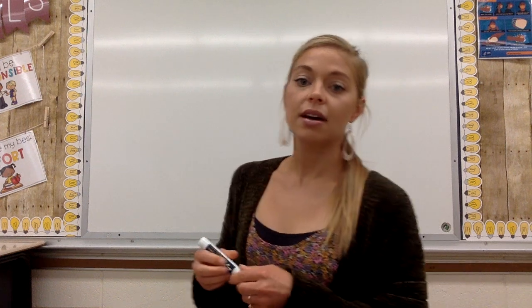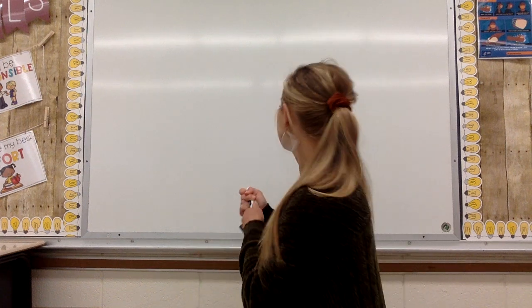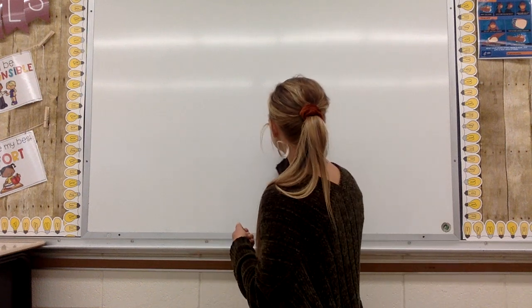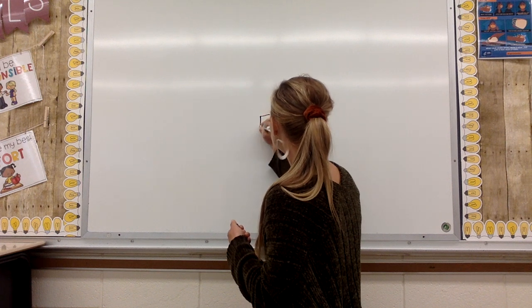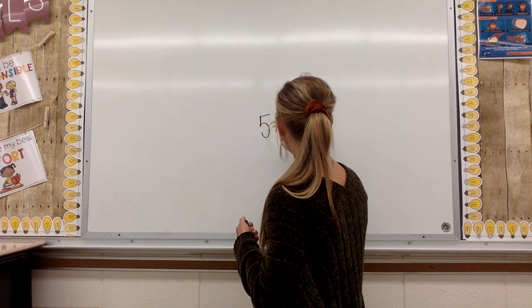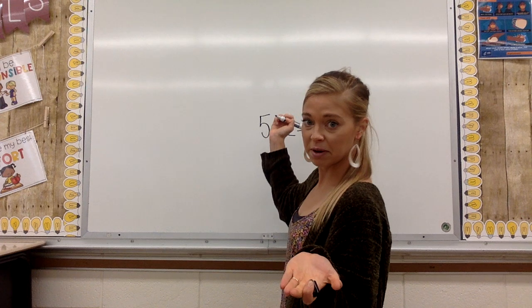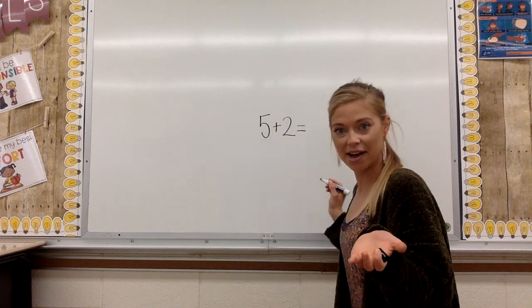All right, so we're not really going to be doing much with this property of addition, but it is really important for you to know, and a lot of it I'm sure you already know. So the commutative property of addition is when we have, let's see, 5 plus 2 equals, this is where I would normally have the class answer, and now I'm all by myself.